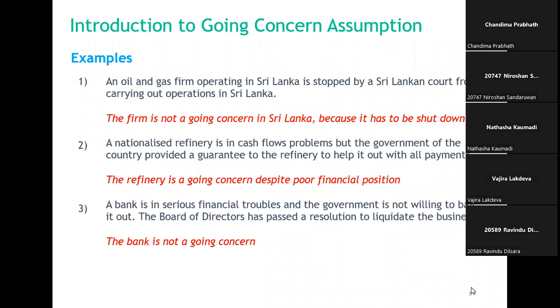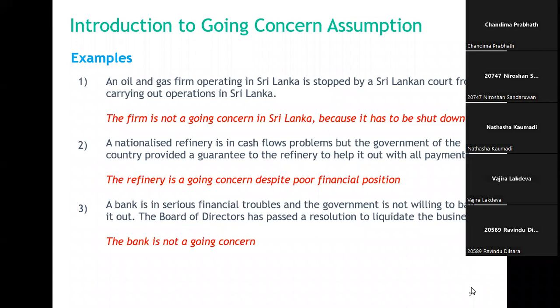Then non-current liabilities will also be classified as current at their settlement values, and you may recognize any liabilities that may arise in the case of a liquidation. As an example, the payments relating to VRS, voluntary retirement costs, and any other costs associated with the liquidation. So I hope you are clear.